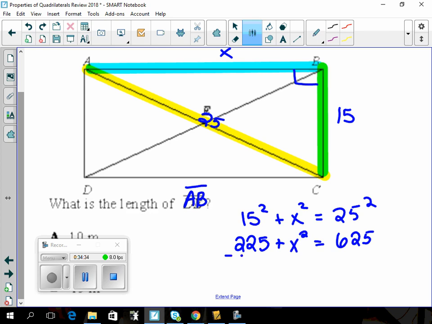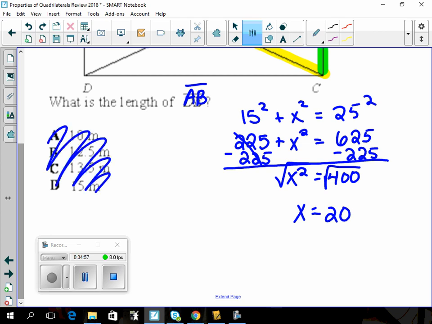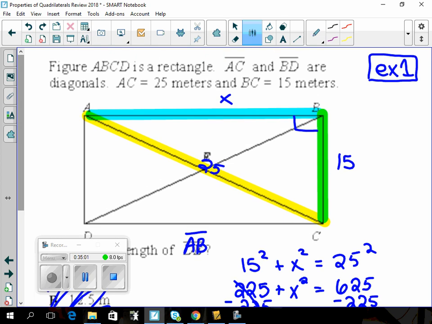Let's subtract 225, and I get 400. I agree. X squared equals 400. Tell me, Daisy, what I do next. Beautiful. So when I take the square root of 400, I get 20. I changed the problem. Is that what I'm looking for? Does that answer the question? Yeah. So I know that AB is 20.